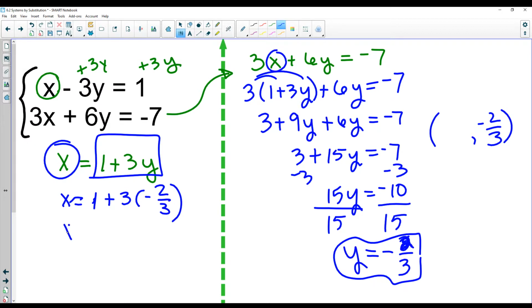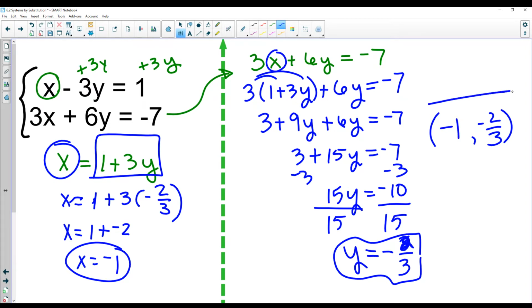Now you got to be careful about using the decimal here because remember that throws off the next part of your answer. But this is pretty easy because your 3's are going to cancel to give you a -2 and x equals -1. So that is the other part of your solution.